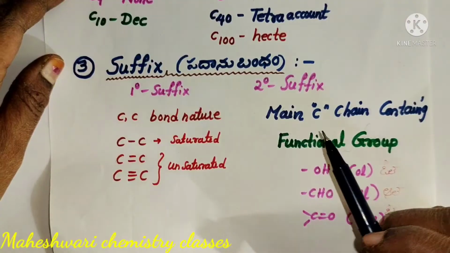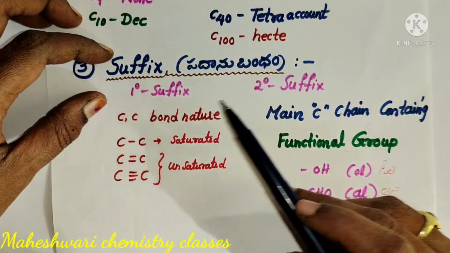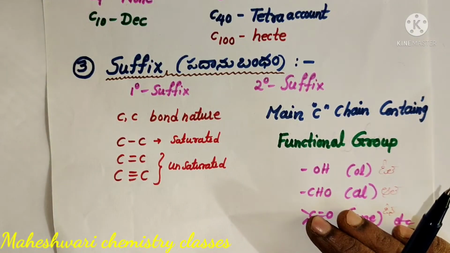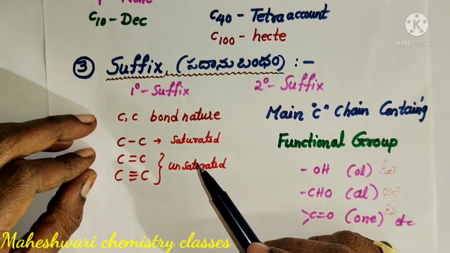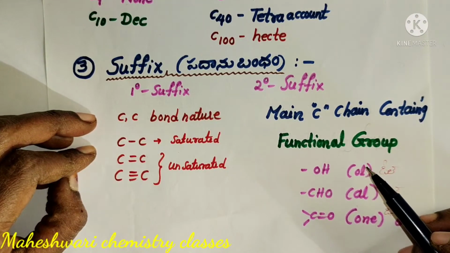Next one is the suffix. Here suffix is again divided into primary suffix and secondary suffix. Mainly, suffix explains the carbon-carbon bond nature and the functional groups in the main carbon chain. Especially, the primary suffix is for carbon-carbon bond nature, and the secondary suffix is for functional groups.